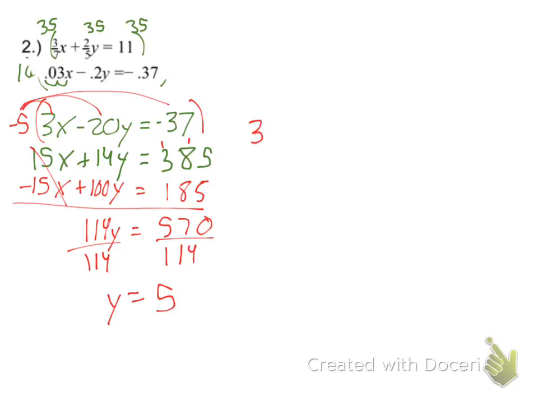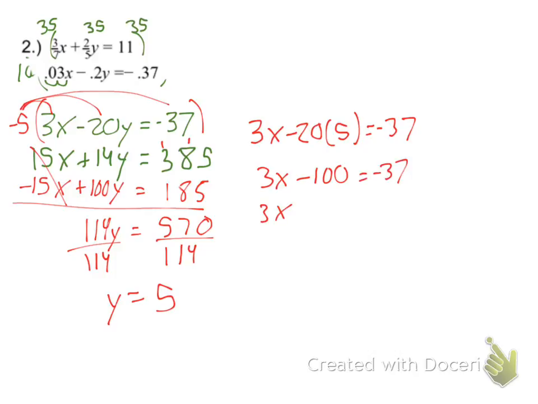So, 3x minus 20 times 5 is equal to negative 37. So 3x minus 100 equals a negative 37. 3x equals, because I can add, 63.